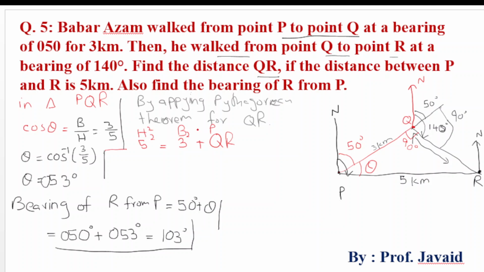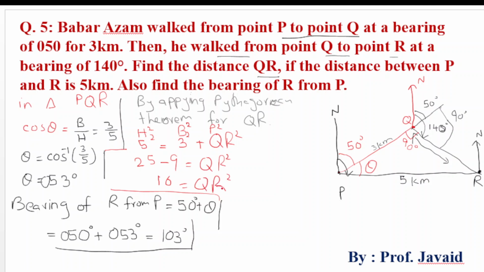So this is 25, and this 3 square is 9, when it comes here it goes minus, and then QR square is 16.